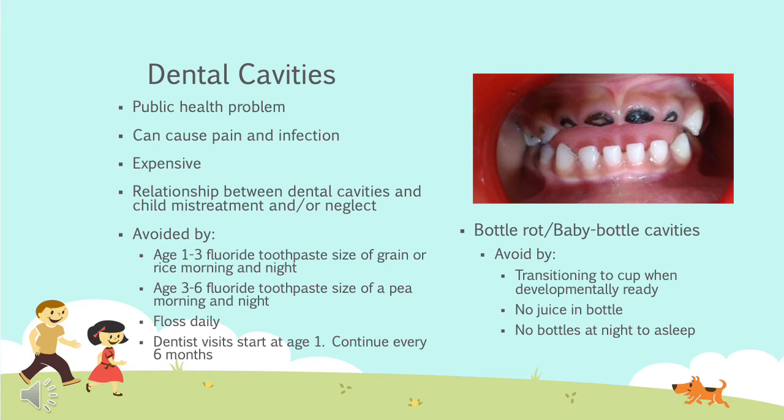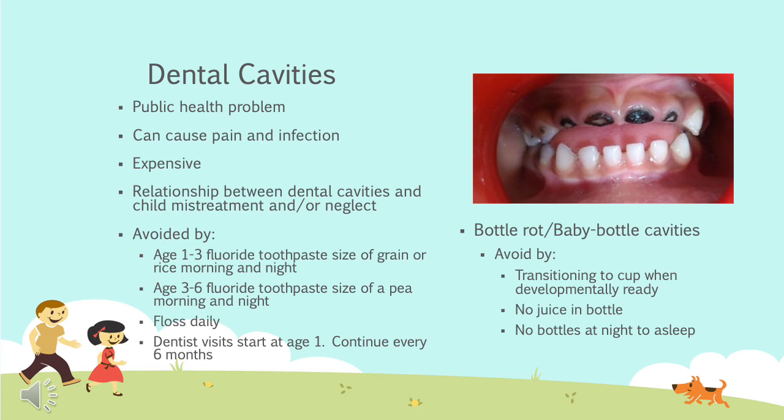And this can be an easy area for bacteria to get in and cause an infection. It's also expensive to take care of. It's typically a preventable issue, so it's expensive to have to take care of teeth that look like this, either through pulling, extractions, or caps.